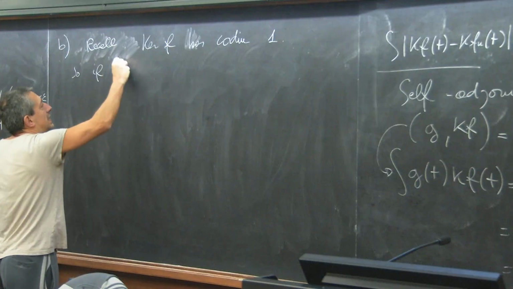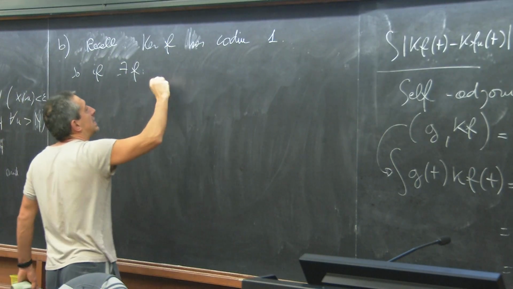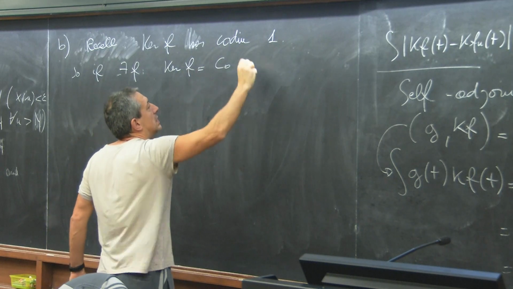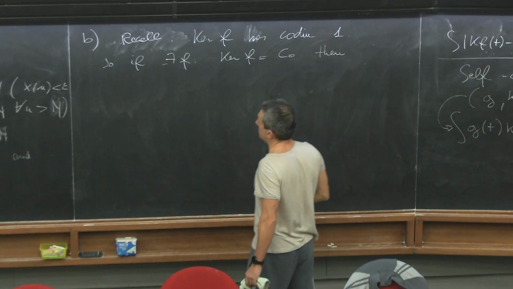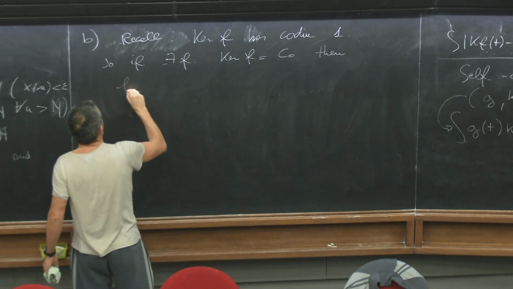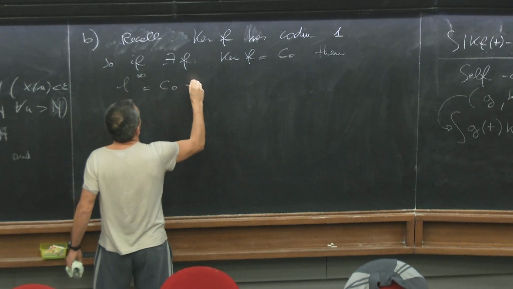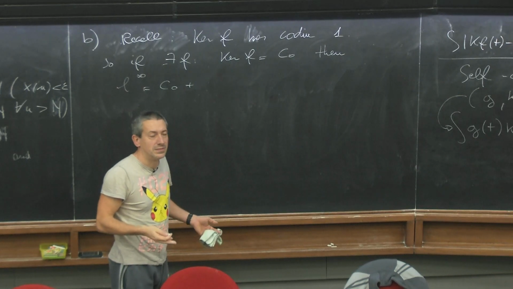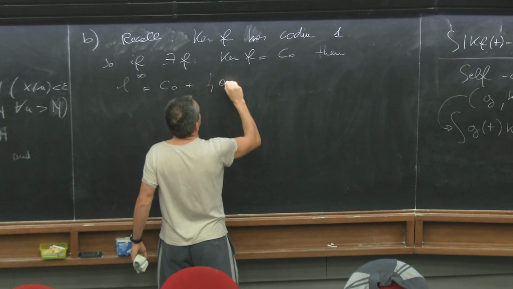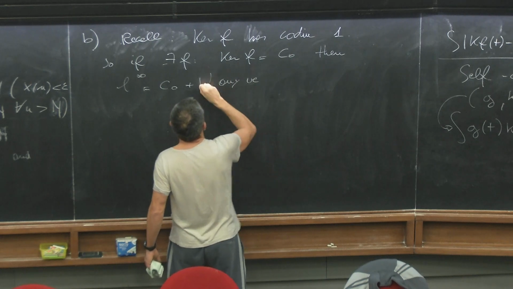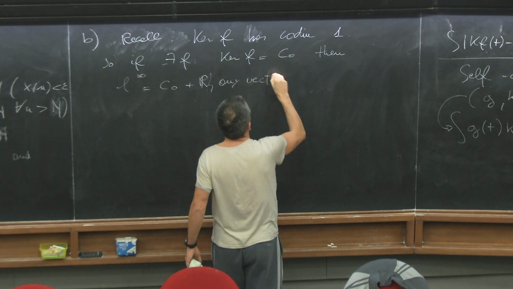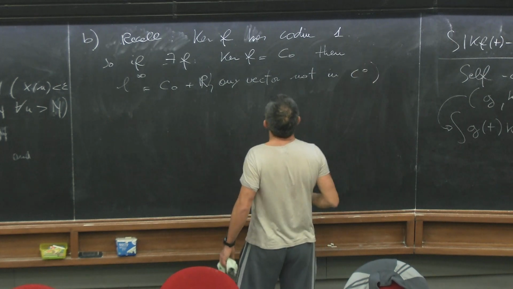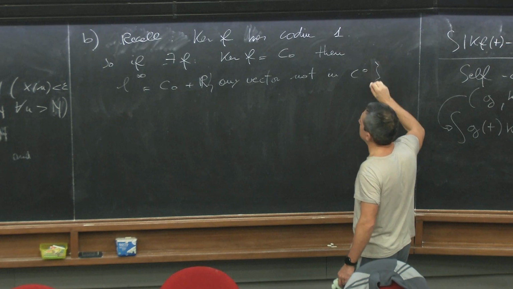So if there exists F such that the kernel of F is equal to C0, then L infinity is equal to C0 plus the real numbers times any vector not in C0. Let's show that this is impossible.